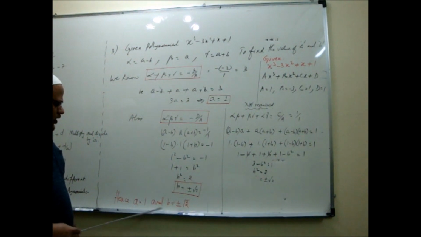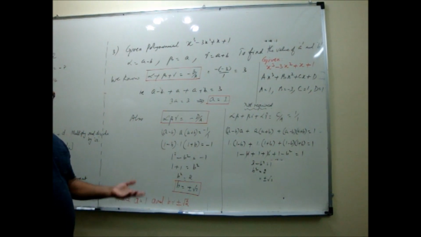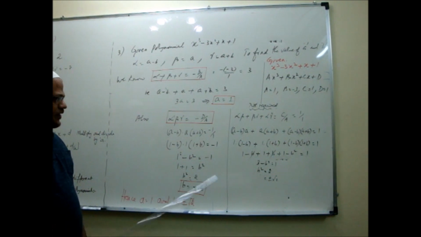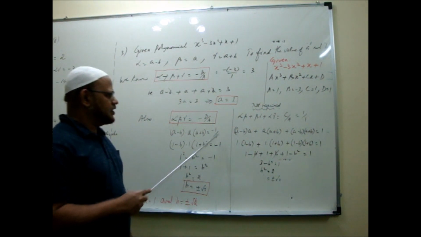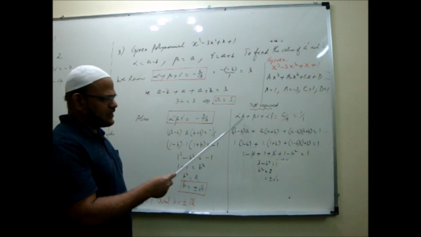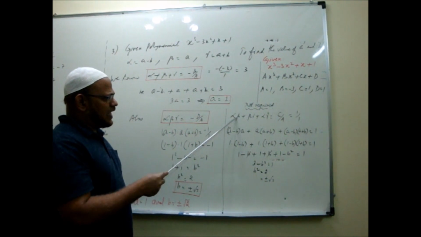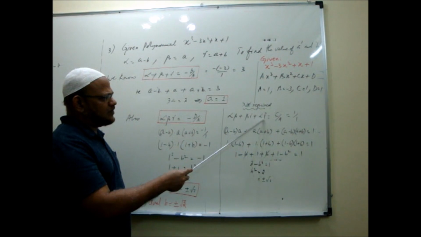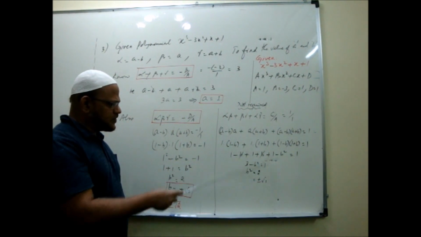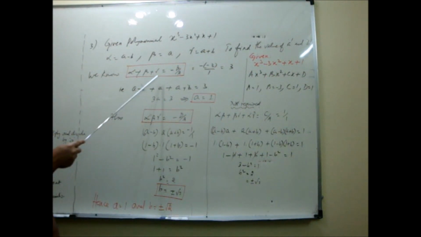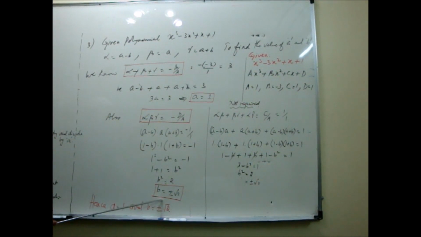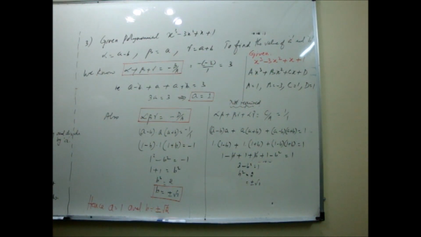So a is 1 and b is root 2 or minus root 2. Both are correct. The other property, the double product alpha beta plus beta gamma plus alpha gamma is C by A, would also give you the same value for b. It's not required. You use only these two things and you will get the values of a and b. Clear now?